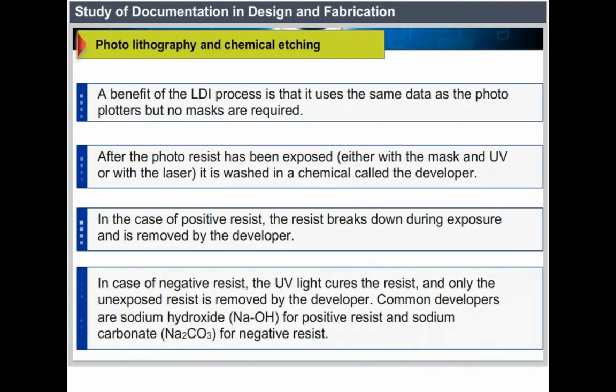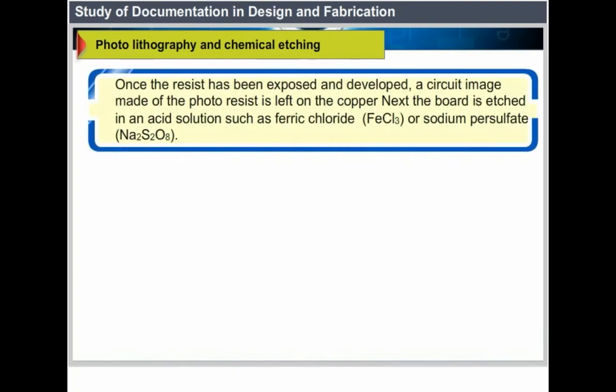In the case of negative resist, the UV light cures the resist and only the unexposed resist is removed by the developer. Common developers are sodium hydroxide (NaOH) for positive resist and sodium carbonate (Na2CO3) for negative resist. Once the resist has been exposed and developed, a circuit image made of the photoresist is left on the copper.